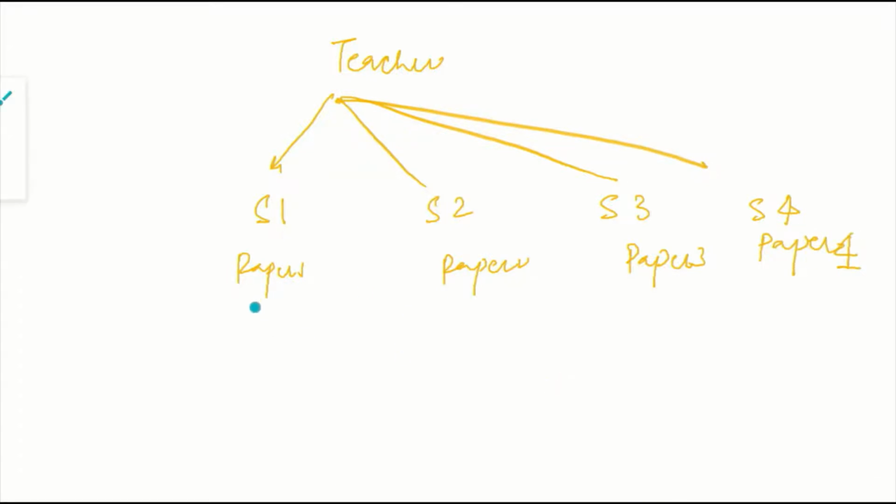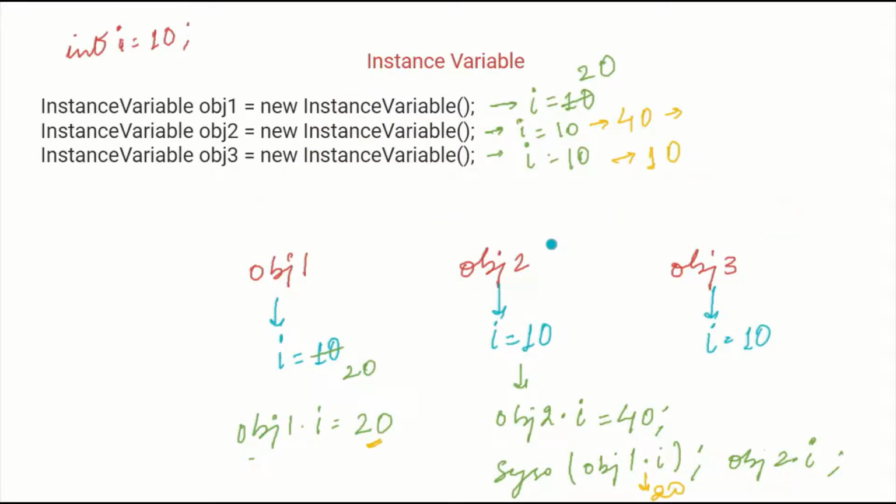If student 1 is marking or writing something on the paper, that doesn't impact the rest of the papers distributed to the other students. That means each and every student has a different copy of that paper. Correct? This concept we utilize in Selenium, in automation testing, when we perform parallel execution. So over there, you need to think about where we have to use the instance variable.